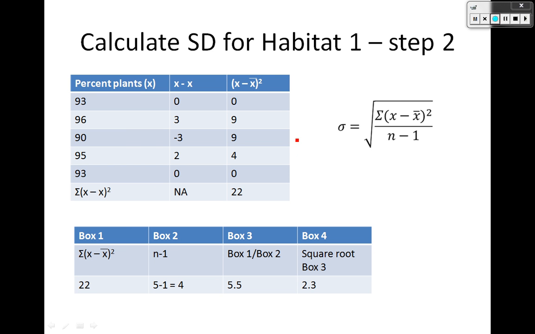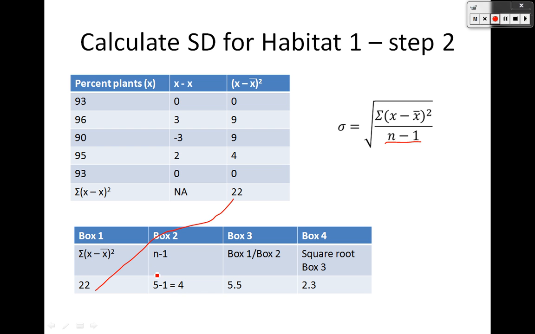Okay, so now this table here is just the table from the previous slide. And then I've divided up this sort of second step, which I've already done for you, but just to show you, into this table here. So box 1 here is just the sum of the trials minus the average squared. And so that's this, right? Box 2 then is the n minus 1. So that's this here.